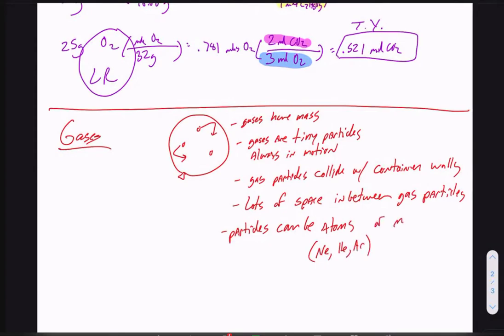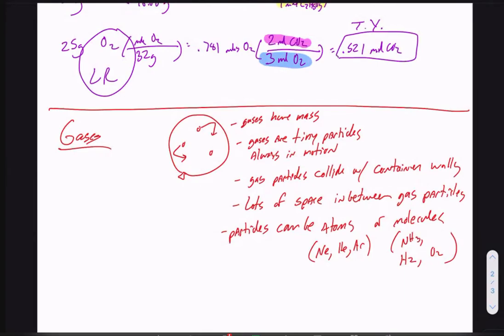Or if they're molecules, that means there's things like ammonia, H2, O2. Remember the difference? A molecule is when your atoms are bonded to each other covalently. So you can fill up a balloon with either, when you fill it up with hydrogen or you fill it up with helium, molecules versus atoms.